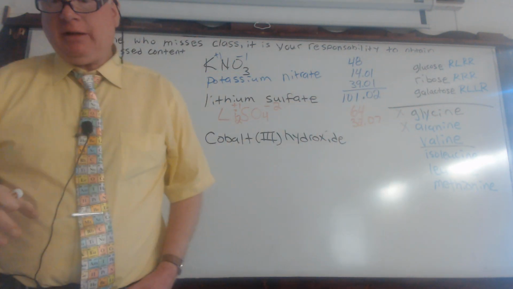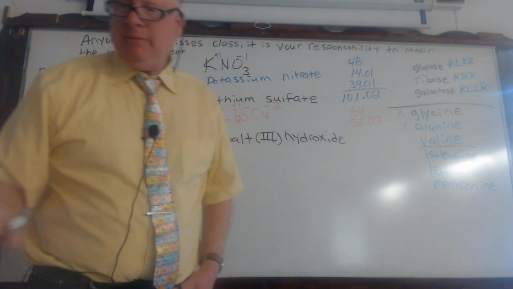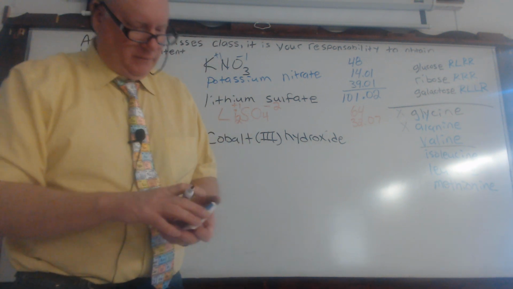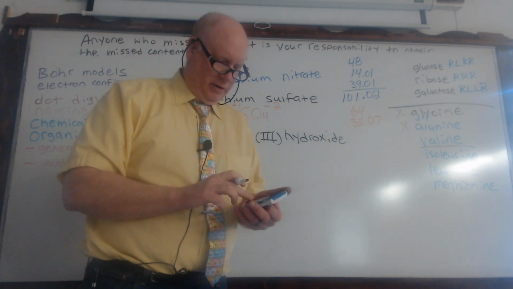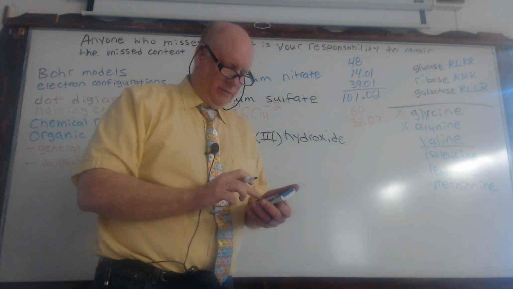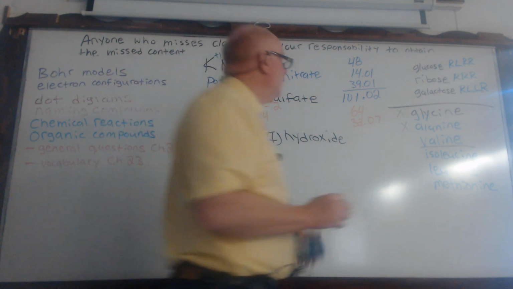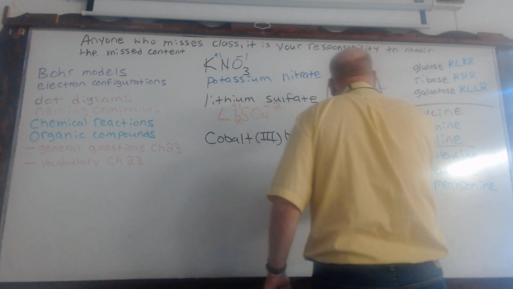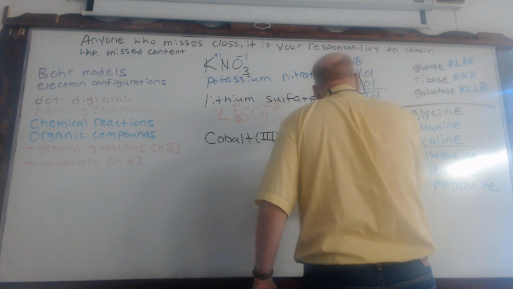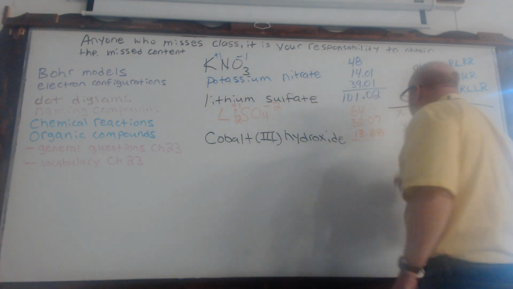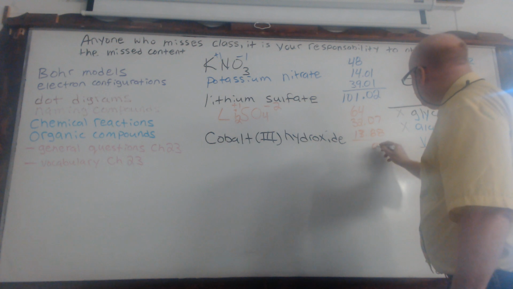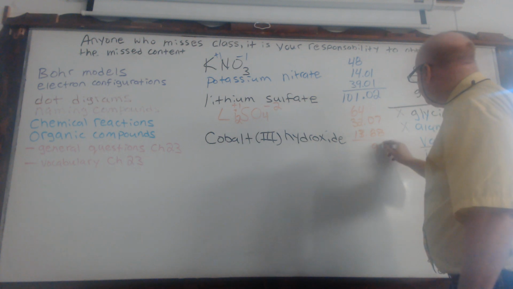So then we have to take that 6.94 times 2, which gives us 13.88. So we add those together. That would be 95. Okay.